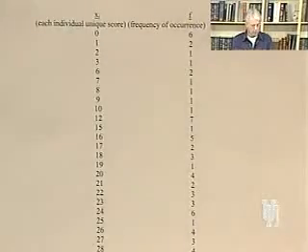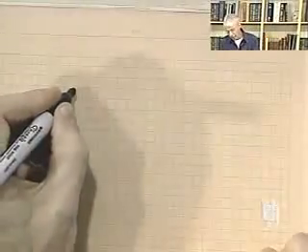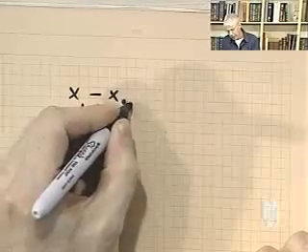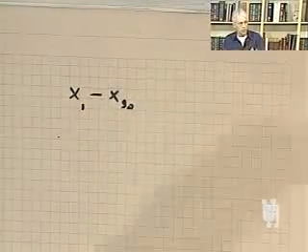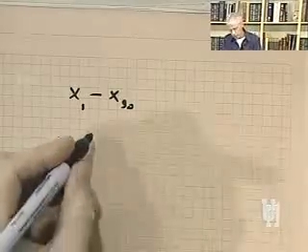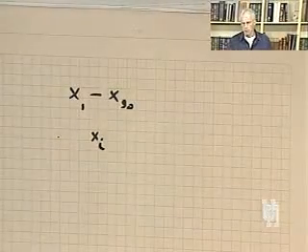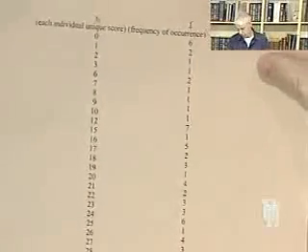We have 90 scores. That is, we have lowercase x1 through lowercase x90. Simply the general way of making that statement is that there are some number of xi's. There are some number of individual scores.